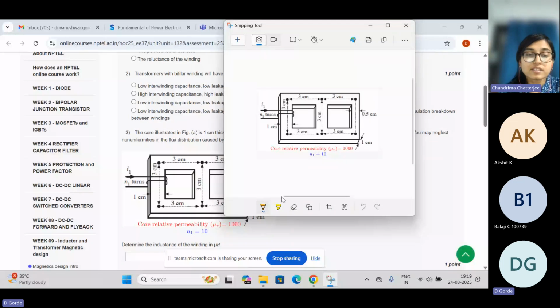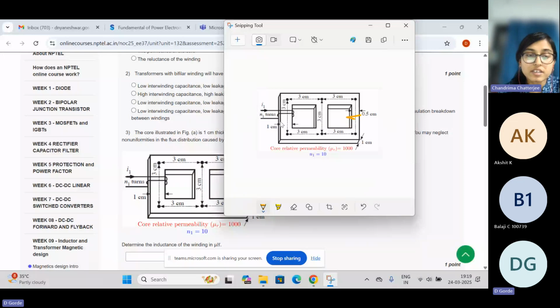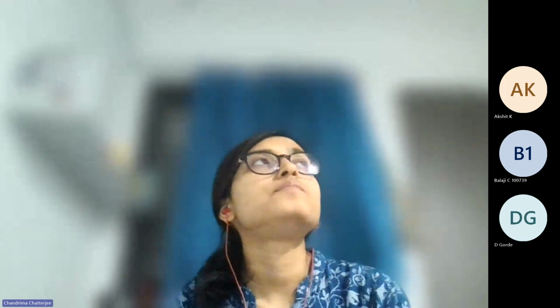So the point is that here the winding is across this limb, the leftmost limb. I'm not sure, but I think we will have to take the cross-sectional area.